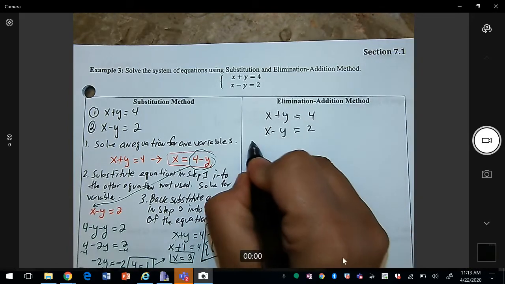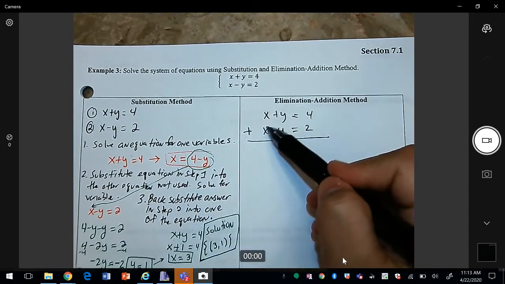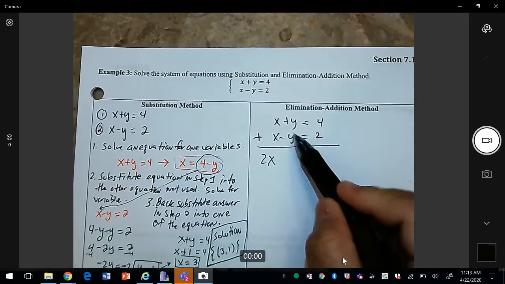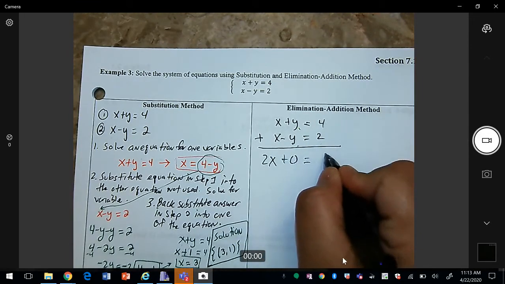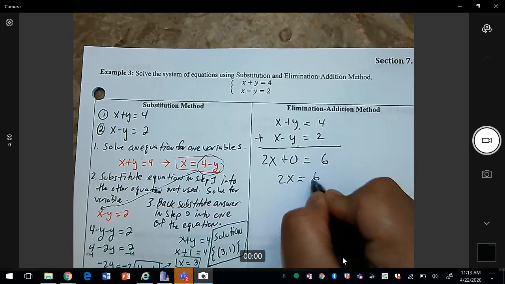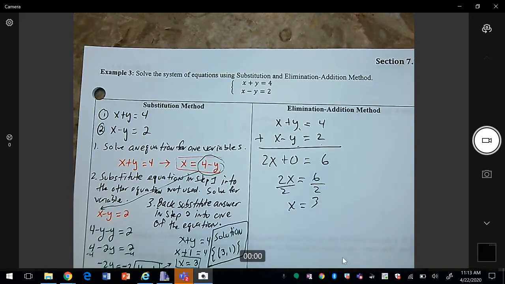If that's the case, then we can just add the two equations. So x plus x is 2x, y plus negative y is 0, and 4 plus 2 is 6. So divide by 2, so x is 3.